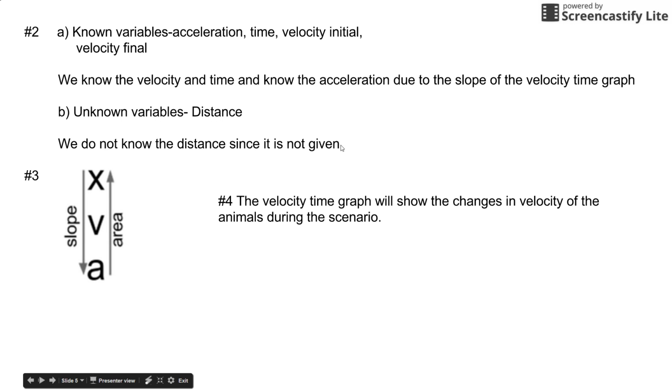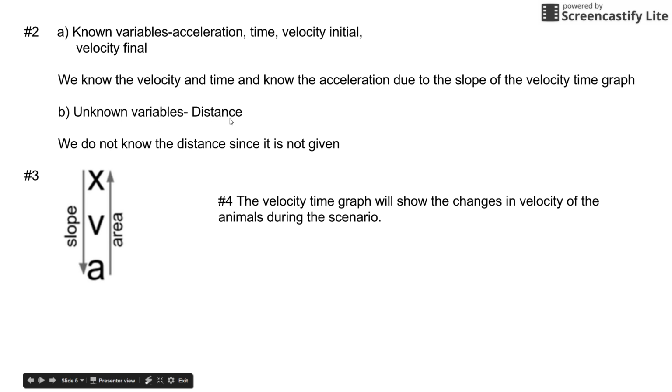Next, we have identifying our variables. We know acceleration, time, and velocity. We know the velocity and time because those are the graphs that we're working with, and acceleration because we can find it from the slope of the velocity-time graph.